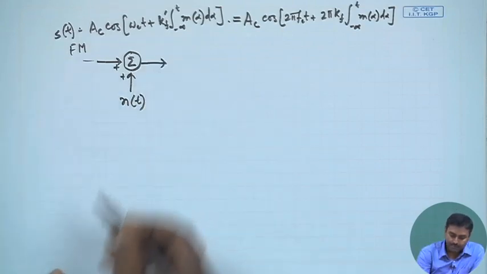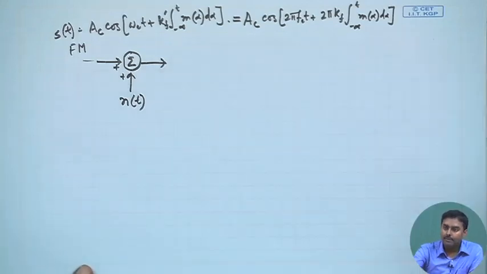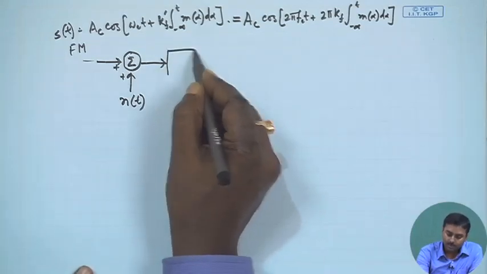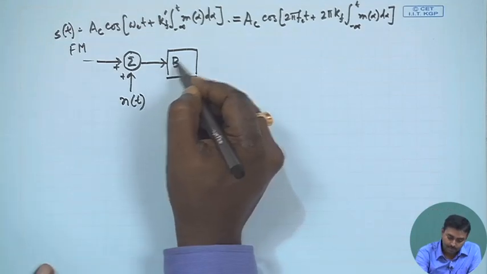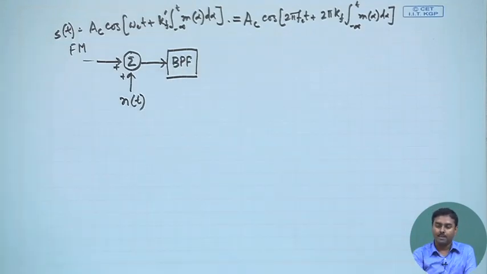And after the channel, the FM demodulation starts. The first part of demodulation should always be a band pass filter. So, this is the band pass filter of FM. Now, this band pass filter is in no way related to just the frequency of the modulating signal, it is the FM band, okay.